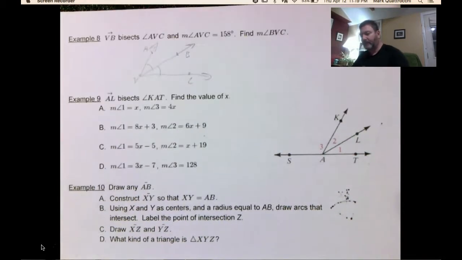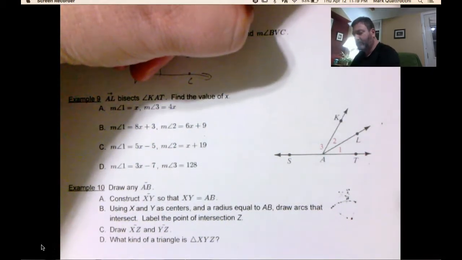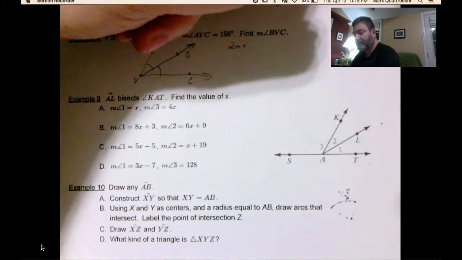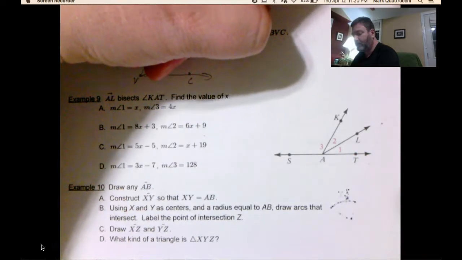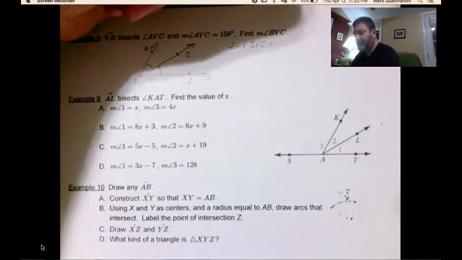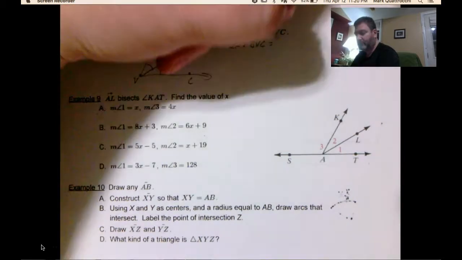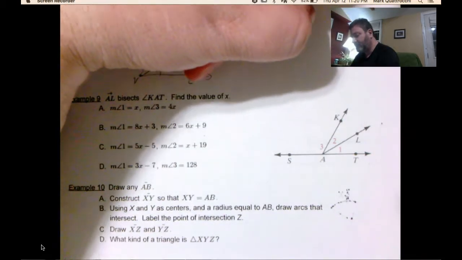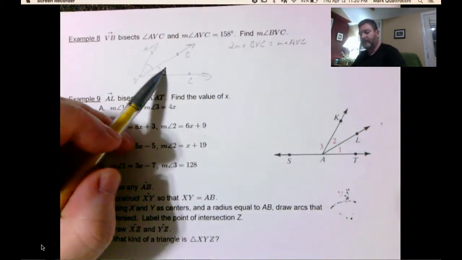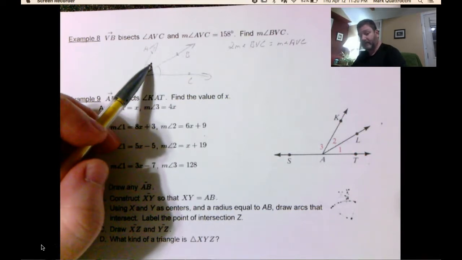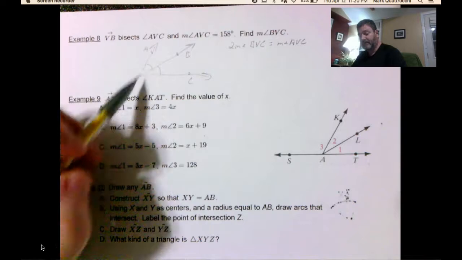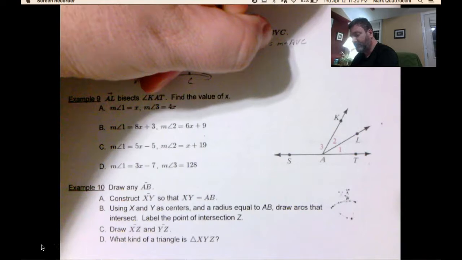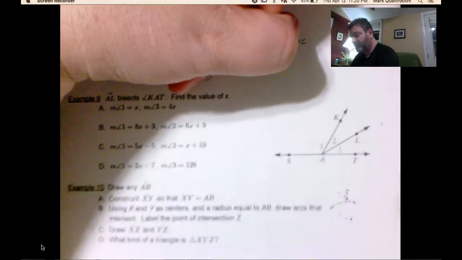Those are congruent. So, the measure of angle BVC plus another angle that's congruent to BVC is equal to AVC. 2 times the measure of angle BVC equals 158 degrees.